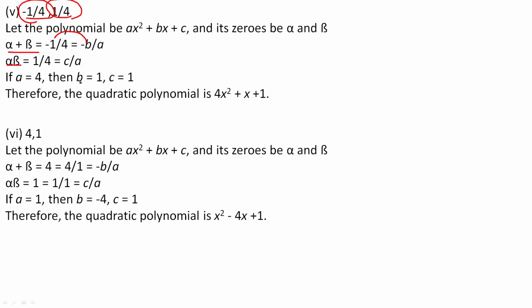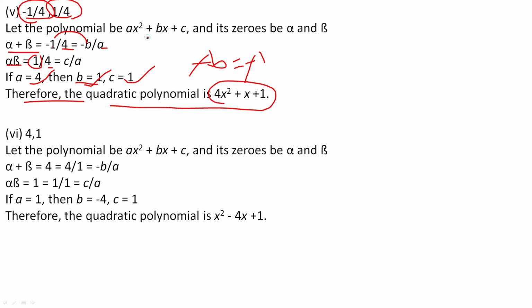So minus b is equal to minus 1, minus minus cancels, b is equal to 1. That's what we got for the value of b. For a, no problem, the denominator is 4, so a is 4, b is equal to 1, c is equal to 1. So we can frame the quadratic polynomial using the standard form of the equation.